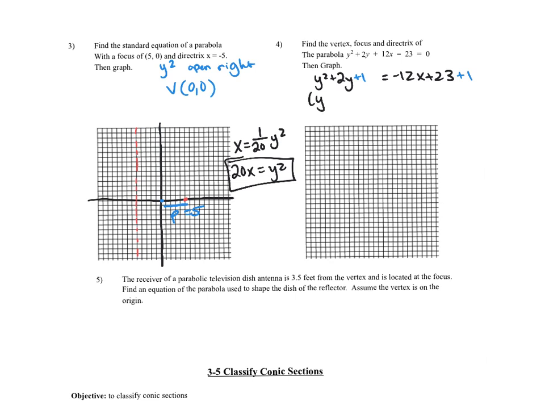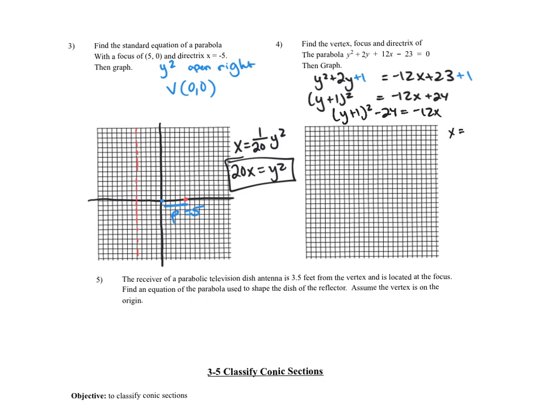So we would get y plus 1, the quantity squared, equals negative 12x plus 24. Now we can go ahead and put this into the vertex form that we're comfortable with by solving for x.